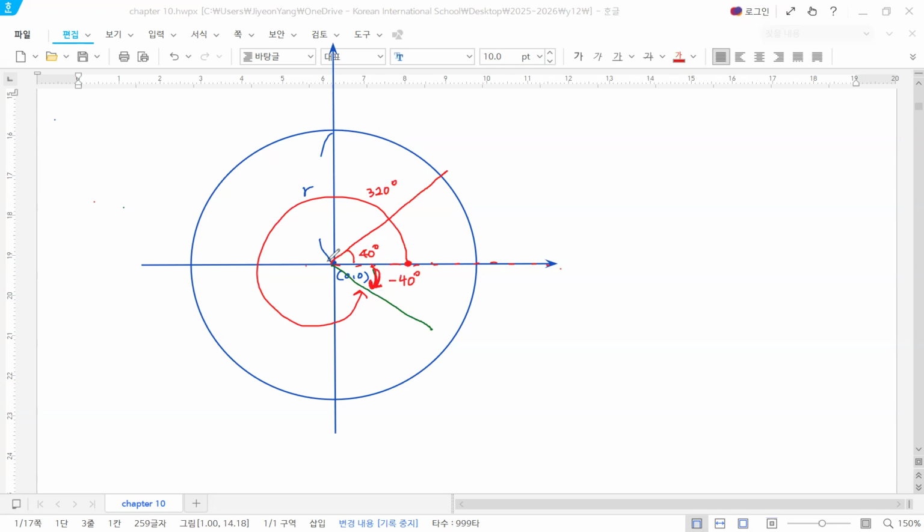In this case, we can call this angle 320 degrees. So basically, the angle size 320 degrees is the same as negative 40 degrees. They are equivalent. Of course, you can measure this angle as more than one revolution, 360 degrees plus 320 degrees, so in total 680 degrees. It represents the same line.